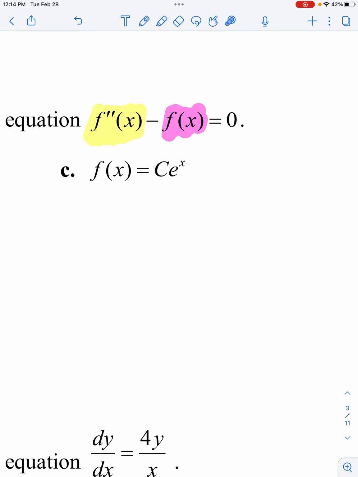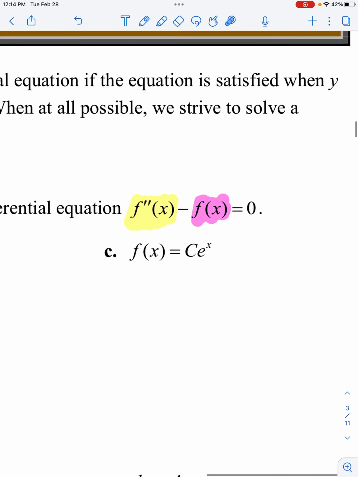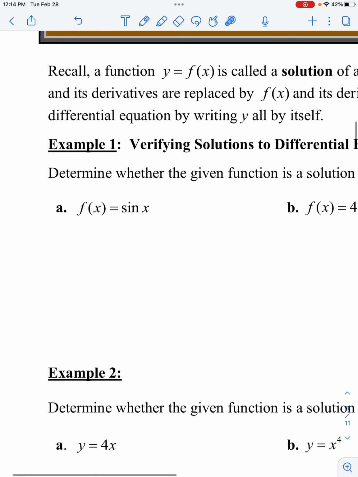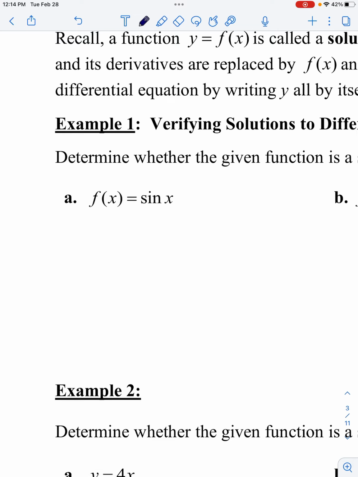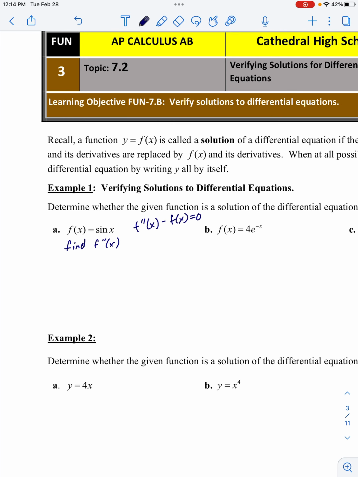We want to verify whether each of these solutions satisfies this differential equation. We have f of x, and we have to find f double prime of x first. Then if we subtract f double prime minus f and it gives us 0, then we'll know that the given function does indeed solve this differential equation.